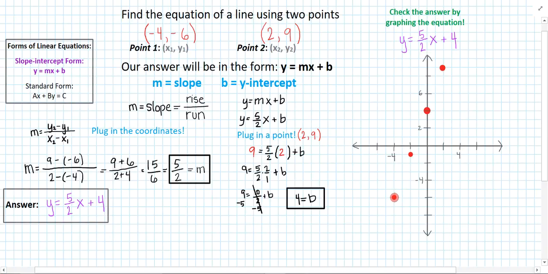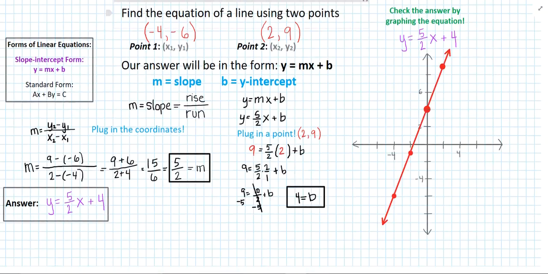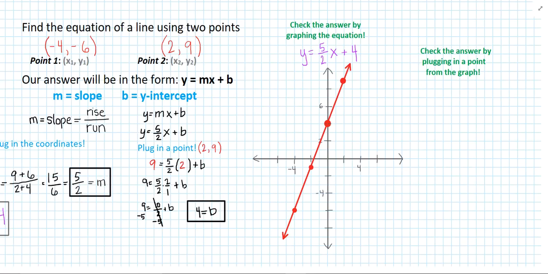And we can see that this last point that we just plotted just happens to be one of the points that we were given in the problem. So that shows that everything matches up. So here's our line, and we can say that any point on this line should satisfy this equation. So what if we did just one more test to check our answer?